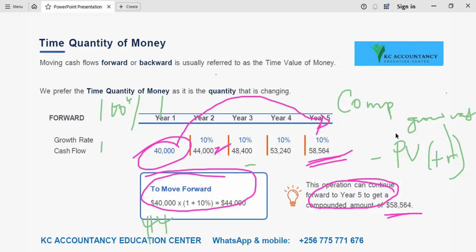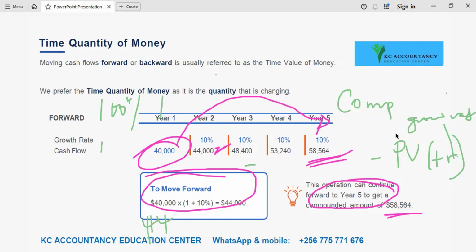Now, what we are going to do is take a look at the backward movement, because in finance, it is actually more common to move in the reverse order. That's what we call the backward movement. In other words, we take a quantity of cash flow in the future and we move it backward in time, and we refer to that process as discounting.